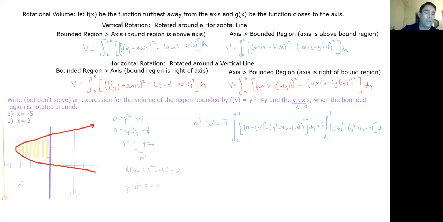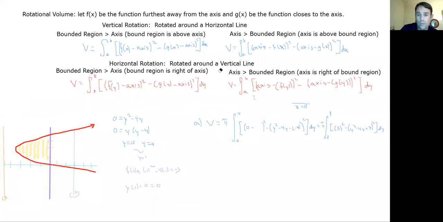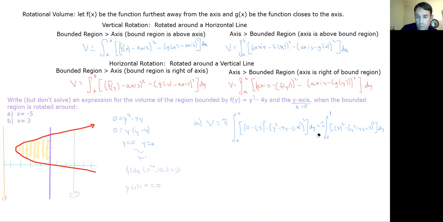And then if I'm going around the x equals 3, the axis is bigger than the bounded region, so the axis will come first. I made those -3, didn't I? Those should have been -5. Oops. I can fix that real quick. So that should have been 5 there. So we end up with 5 squared and 5 here. There we go.